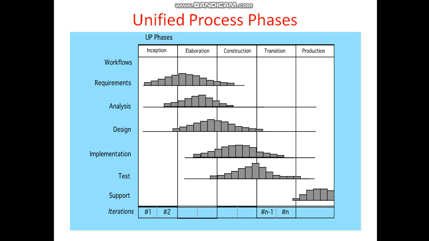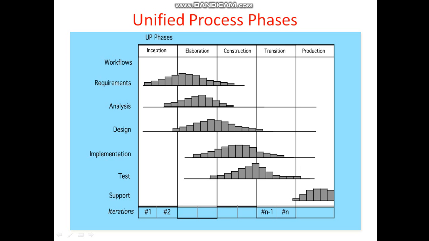At the end of construction, the whole construction of the project is completed, and then the transition phase starts, along with implementation. Then the production phase, where testing is the important parameter as the product is ready to launch or ready to deploy.